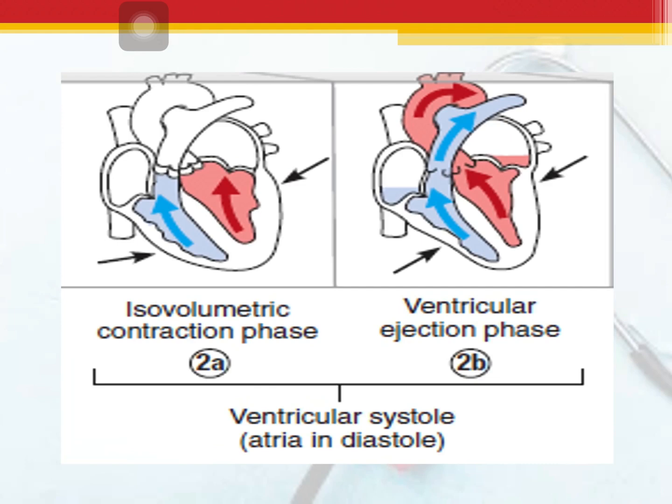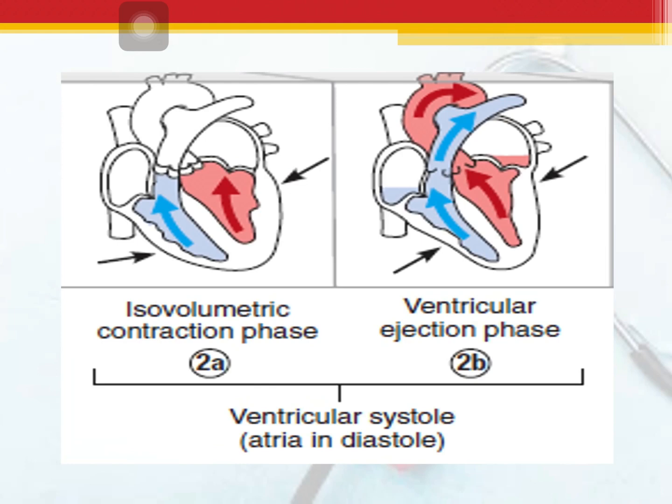So as you can see here in this picture, the 2A represents the isovolumetric contraction phase, wherein the blood comes from the atrium, goes down to the ventricle, and just before the contraction, it fills up the ventricle.